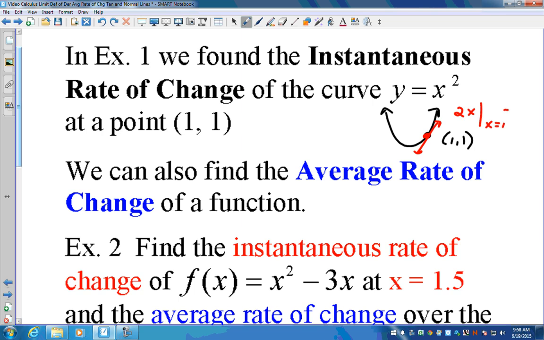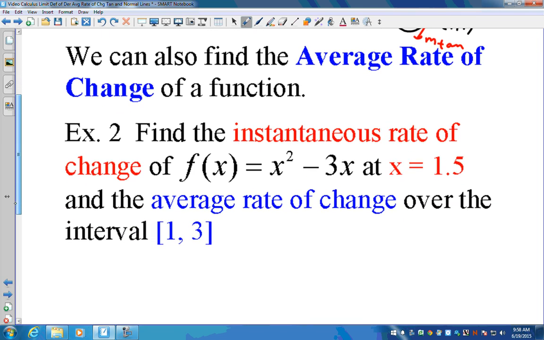We evaluated it at x equals 1. We got 2 times 1, or 2. Okay, so that represents the instantaneous rate of change. That represents the slope of the tangent line. That represents the slope of this curve at that specific point. A lot of different ways to say the same thing, right?